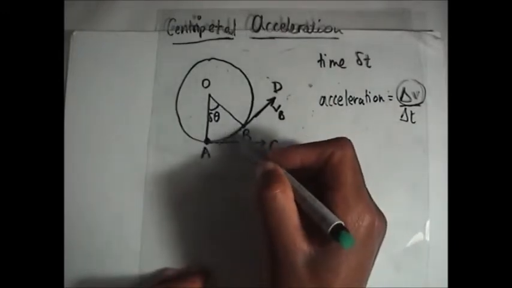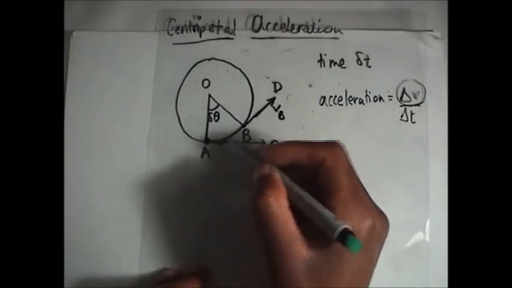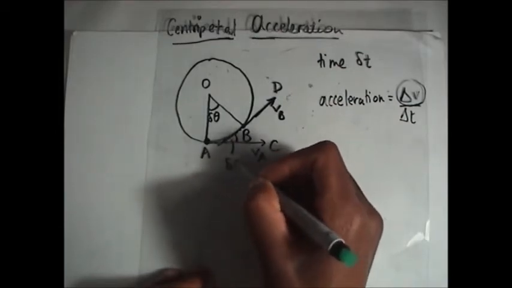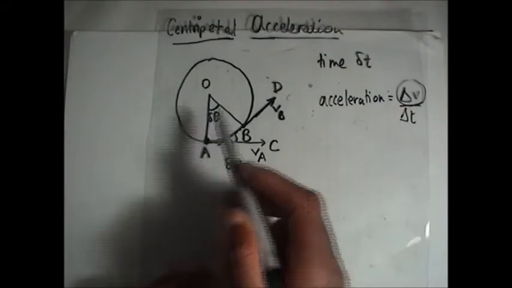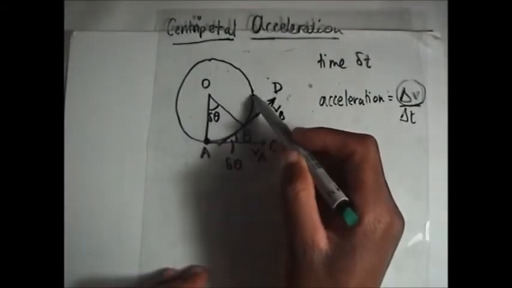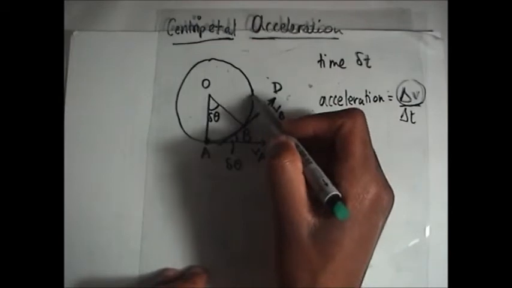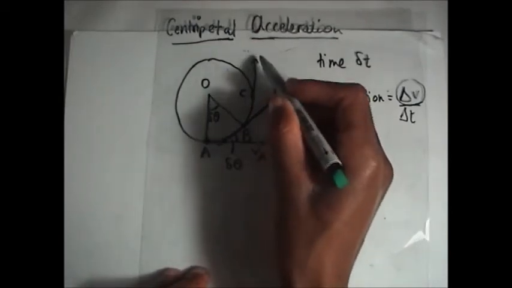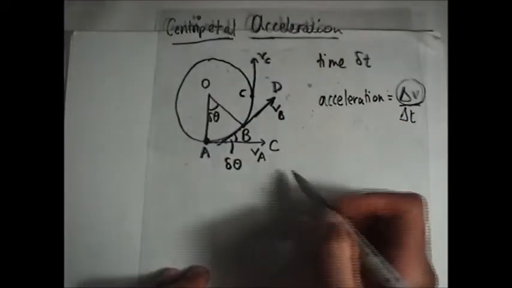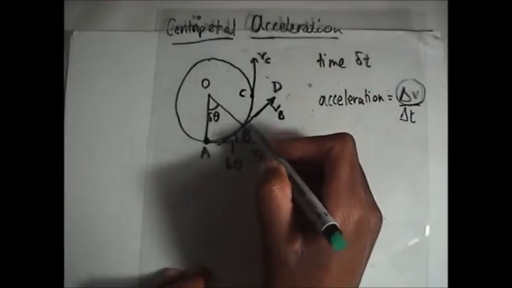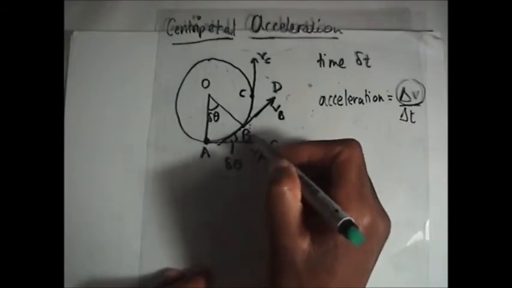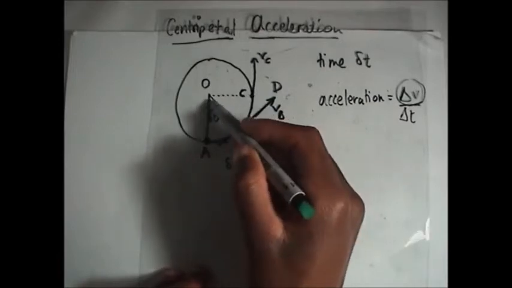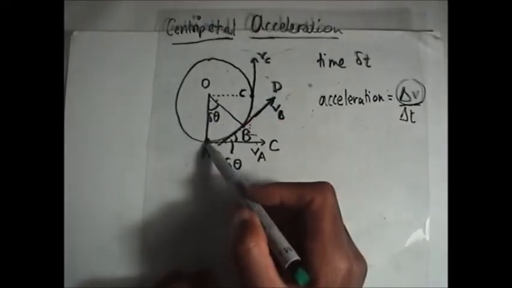tangent to meet the tangent for BD. Where it meets the tangent BD, it makes an angle equal to delta theta, the same angle that is at the center. If we extend the tangent to meet AC, it makes an angle of 90 degrees, and this radius would also make an angle of 90 degrees to where it started.